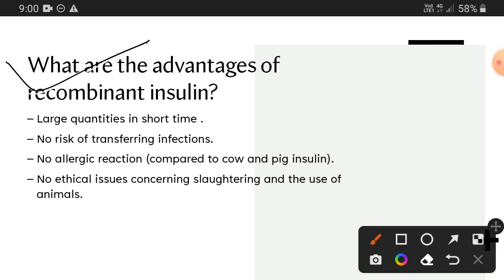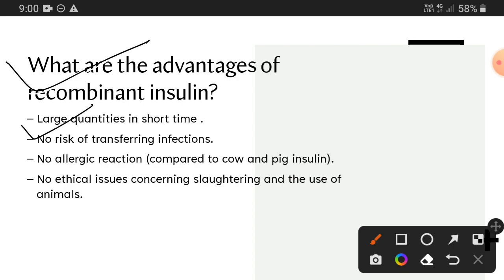But there can be allergic reactions or transmission of infection in such cases. And we have to face various ethical issues too, because we have to kill the animal and then isolate the insulin from it. So there are some ethical issues too.